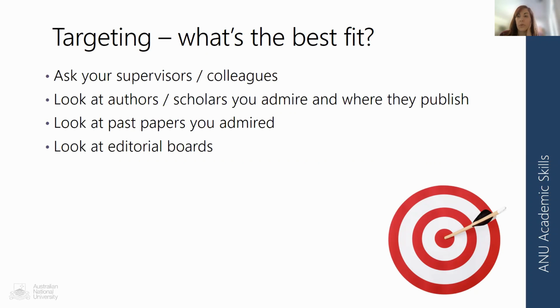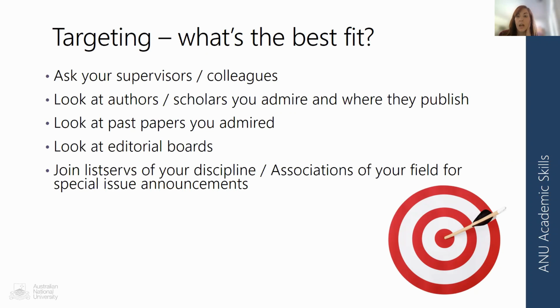Look at editorial boards. If your favorite scholars are on some of those editorial boards, that might be a good indication. A really good suggestion is to join listservs of your field, your discipline. There are associations for your discipline, your sub-discipline, or a subfield of yours, and they sometimes announce special issues for the journal associated with their association.